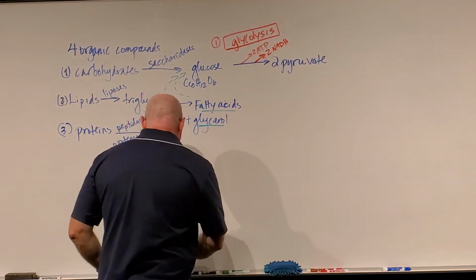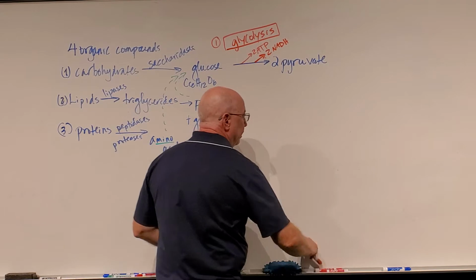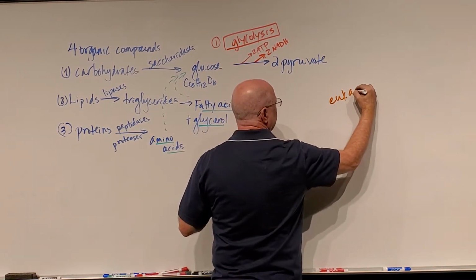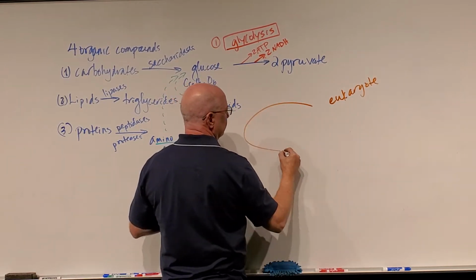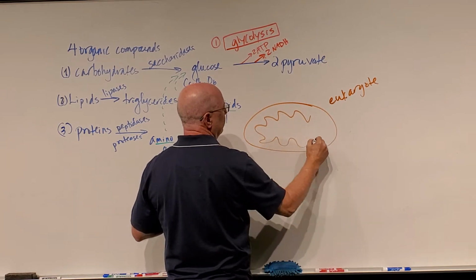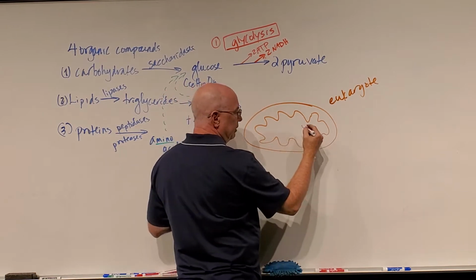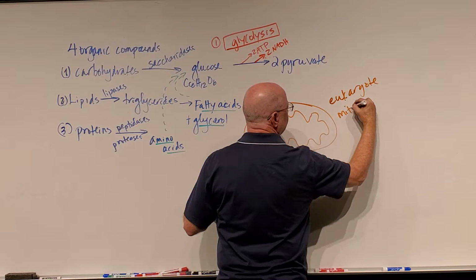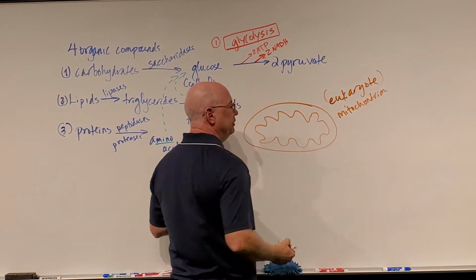Now, what's going to happen with the pyruvate is, if I look at a eukaryotic cell, in a eukaryote, I'm going to have an organelle that has two membranes, an outer and an inner membrane. And the inner membrane, the inner mitochondrial membrane, so this organelle is called the mitochondrion in a eukaryote.